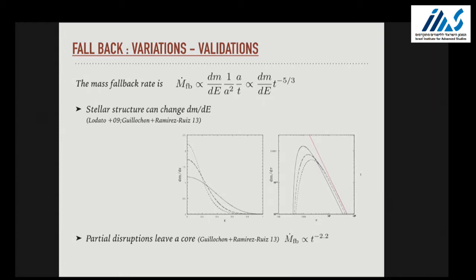What's different from the calculation you made? What's the effect of having less mass here than here in the same bin of dE?